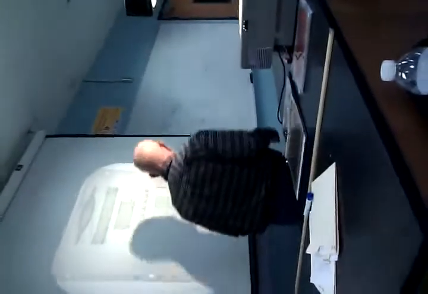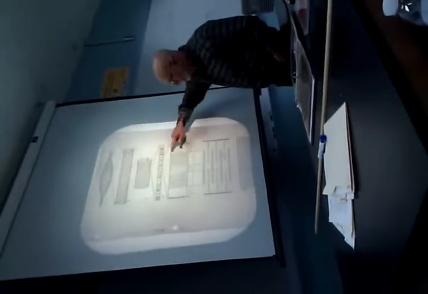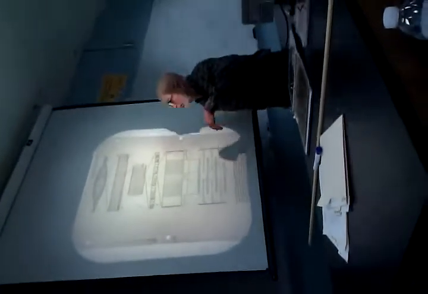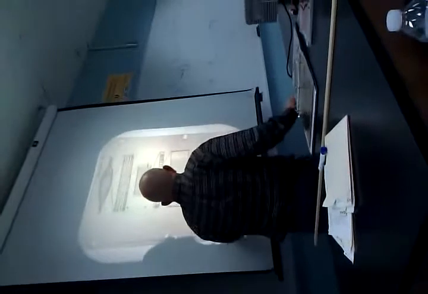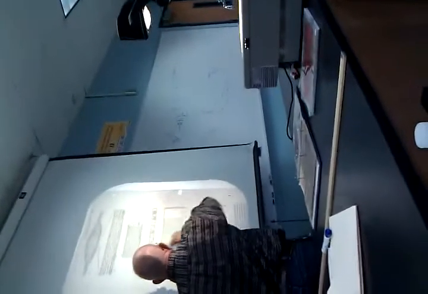Okay, look. Half of an I-band, half of an I-band, and an A-band. Look here. A full I-band, an A-band, half of an I-band. Z-line to Z-line is the sarcomere.